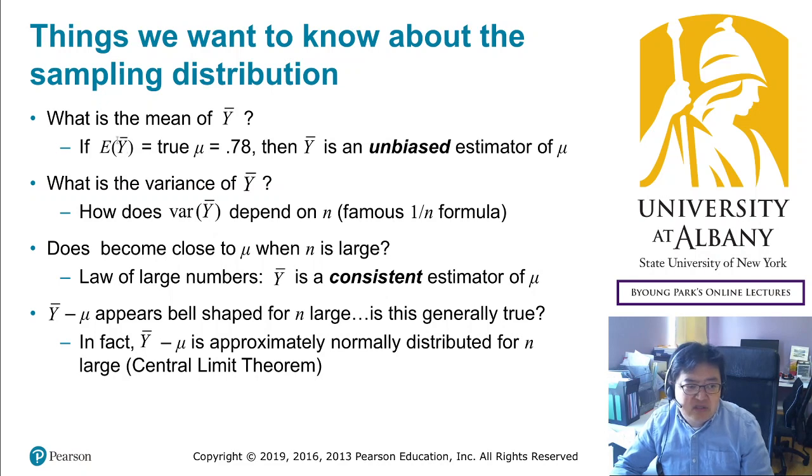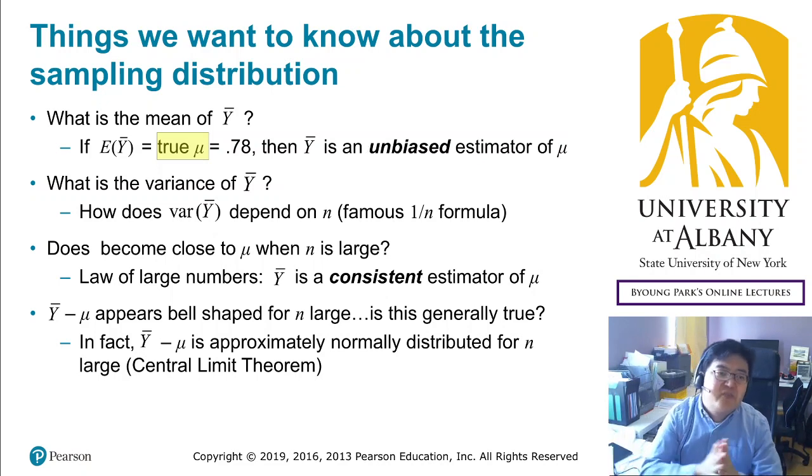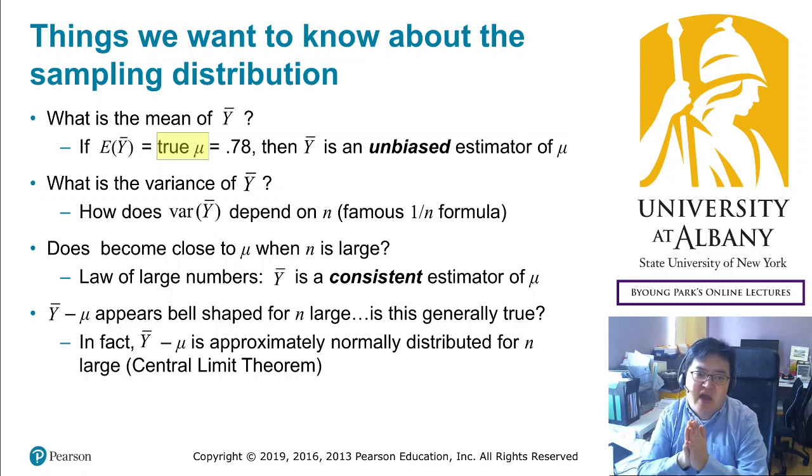The expectation of the sample average equals the parameter you want to estimate. You are curious about the true mean, your y bar is the estimator, and your estimator is correct on average. In that sense, y bar is called unbiased. It is not overestimating, not underestimating. Sometimes it may be larger or smaller than the true parameter, but on average these errors cancel out and it is correct on average. So it's another kind of on-average sense.